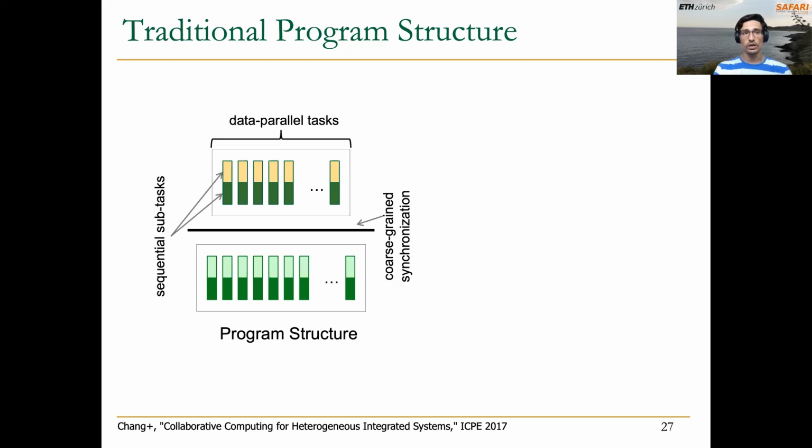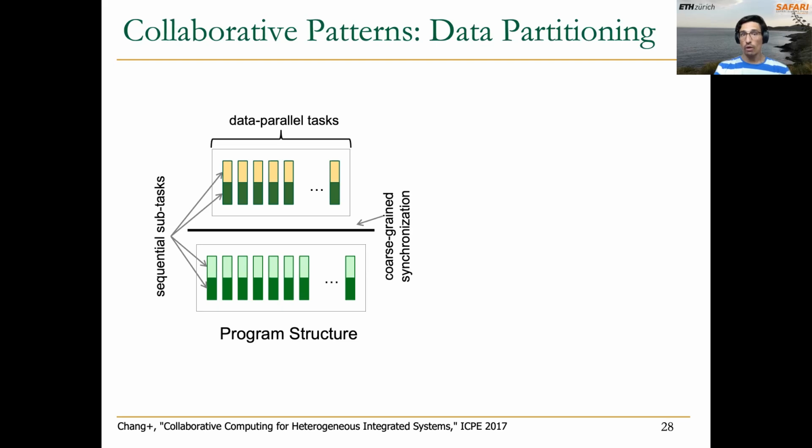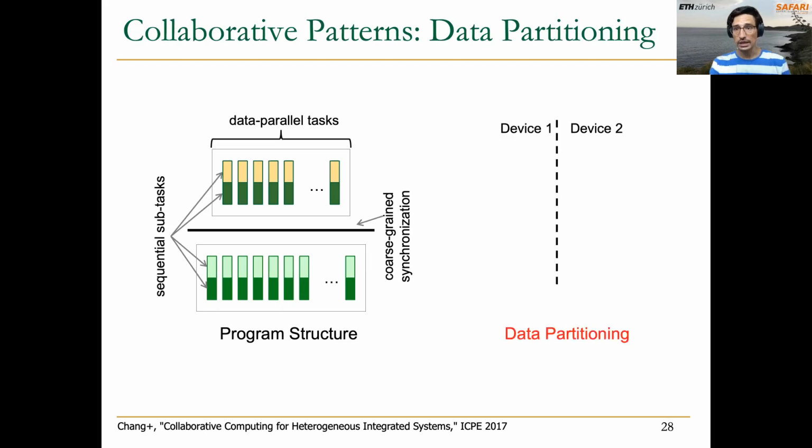including different sequential subtasks. So how can we partition these across two different devices, assuming that these devices have different characteristics? They are heterogeneous. If they are heterogeneous, it's likely that they need different amounts of time, different latency, to execute the same sequential subtasks.